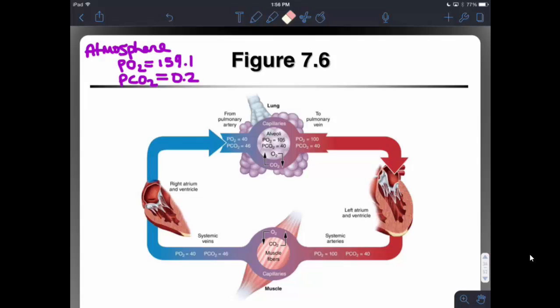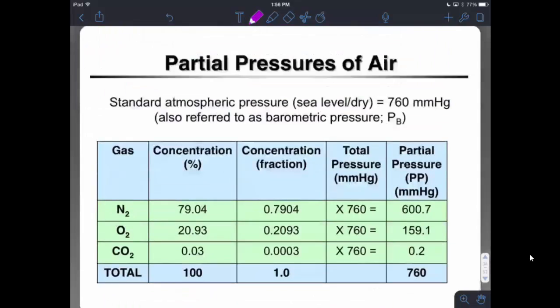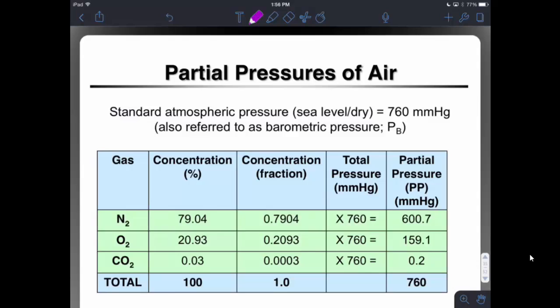Okay, so we start up here in the atmosphere. You know that we got these numbers from our calculations. In all of our examples, we are going to assume that the atmospheric pressure is standard, which is 760. And remember that the concentration of gases is constant.